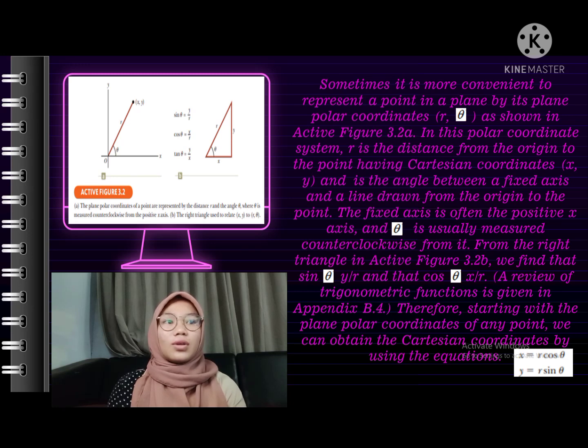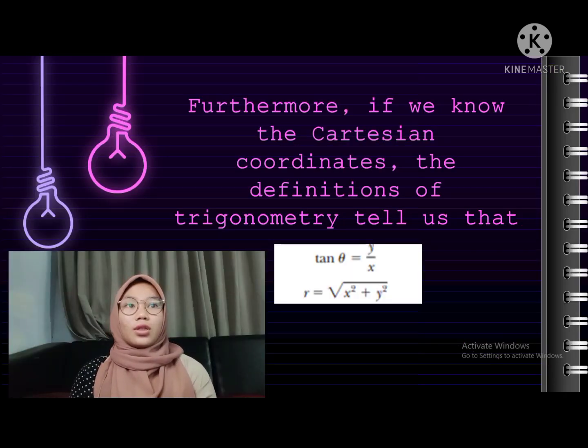Therefore, starting with the plane polar coordinates of any point, we can obtain the Cartesian coordinates by using the equations x equals r cos theta and y equals r sin theta. Furthermore, if we know the Cartesian coordinates, the definition of trigonometry tells us that tan theta equals y divided by x, and r equals the square root of x squared plus y squared.